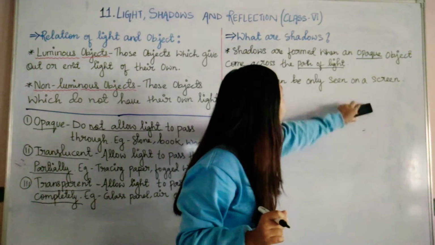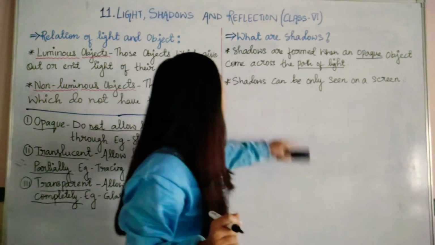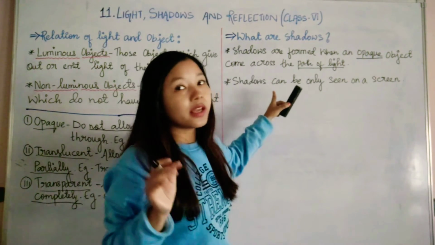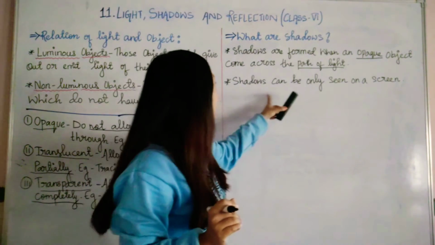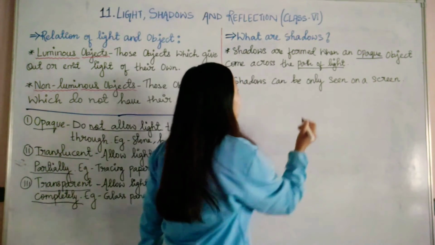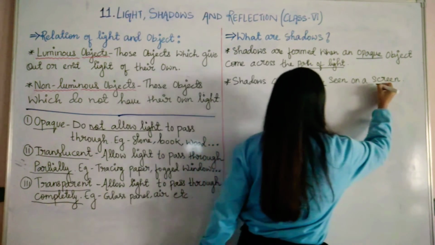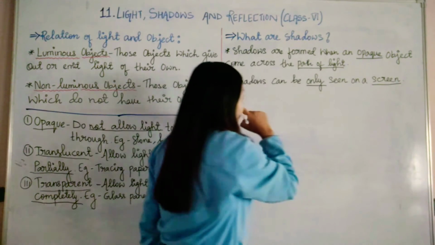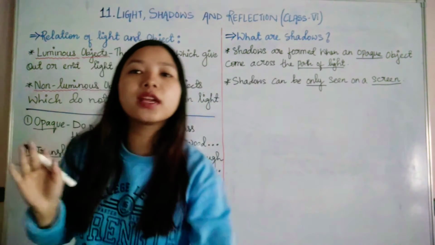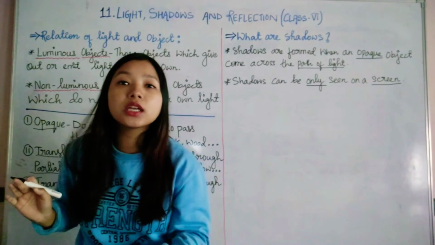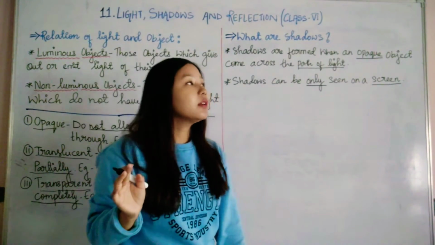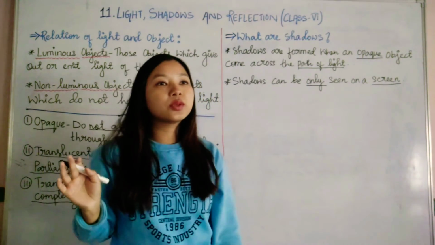Another thing about the shadow is that shadows can be seen only on a screen. That means we need a screen behind to see the shadow. How can I explain it to you?